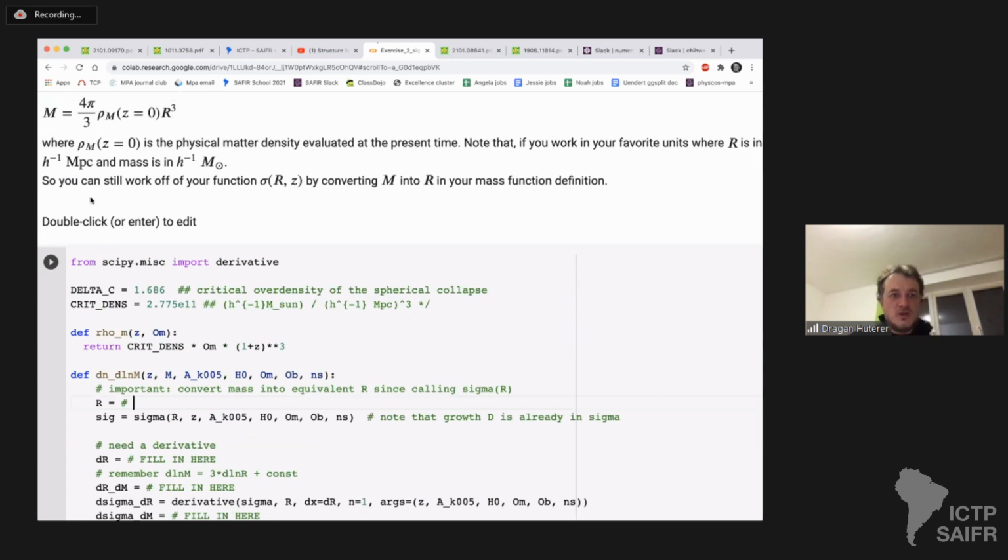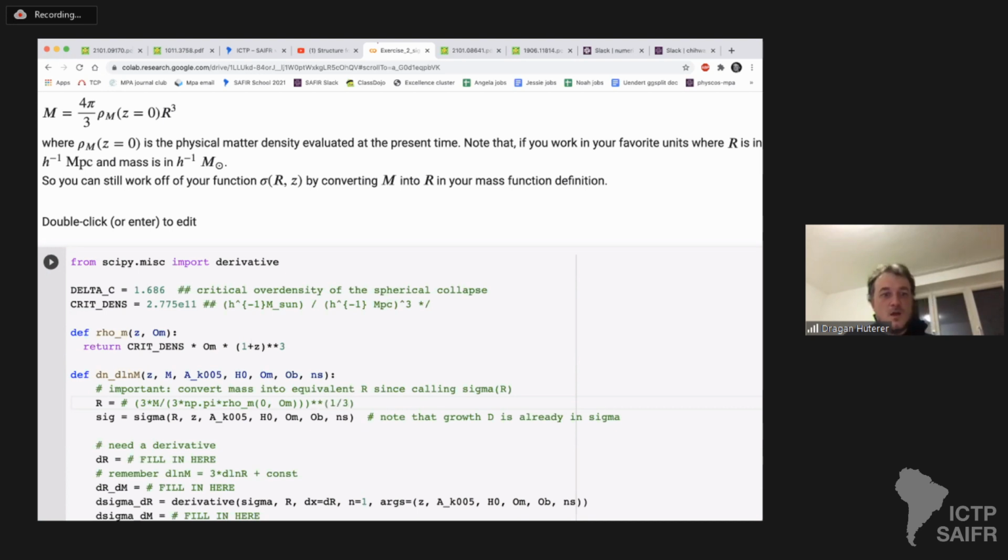And R you get from this formula: R is 3 times the mass, divided by 4 times pi times rho matter at z equal to 0 and omega matter, all to the power of 1/3.